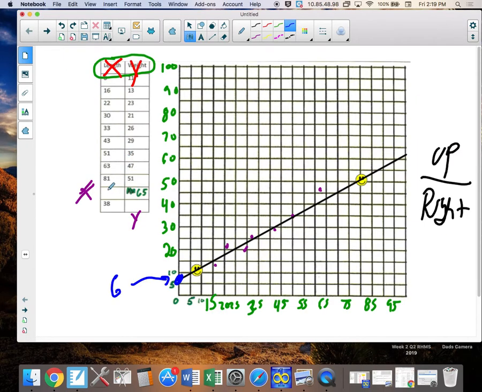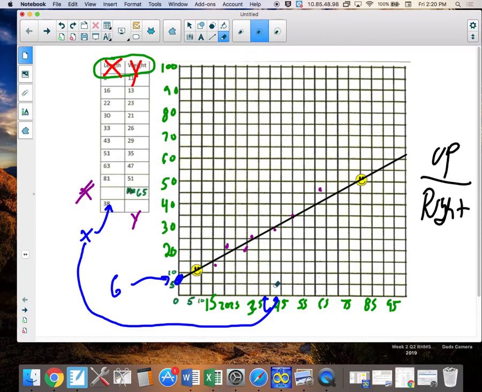We're now going to try to fill in these empty spaces right here in our table. So starting with the 38, 38 is a given x value. So we find 38 down here on the x-axis, right about here. 35, 40, I lied, it's right about here. Gotta look at my scaling. It's right about there.